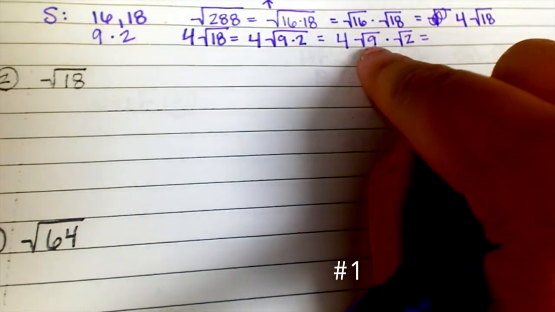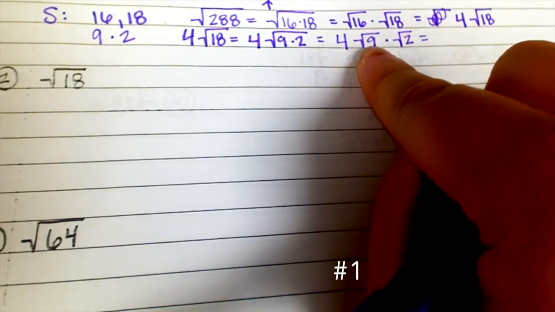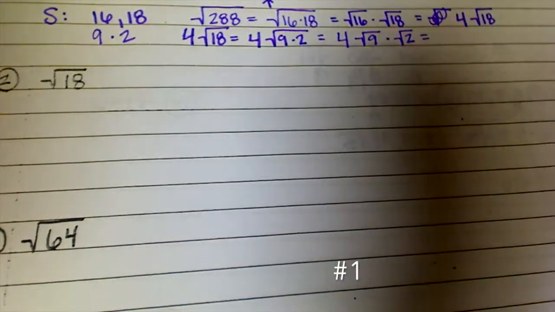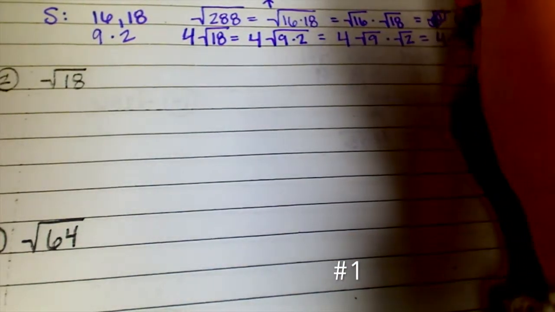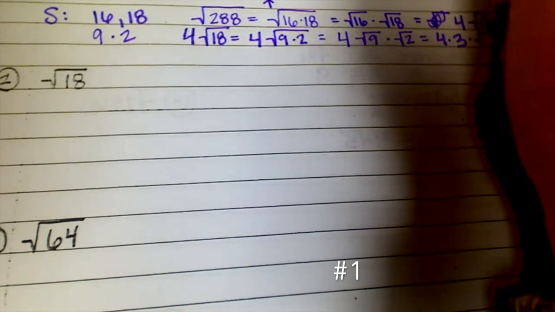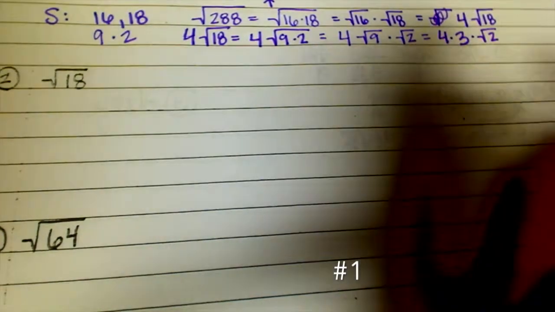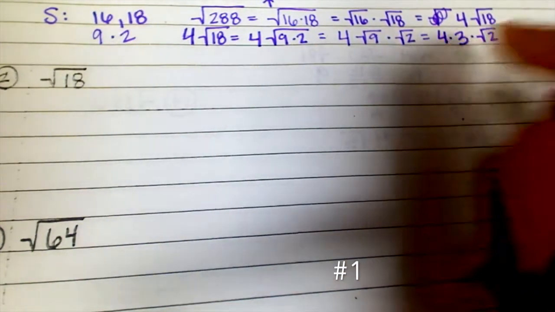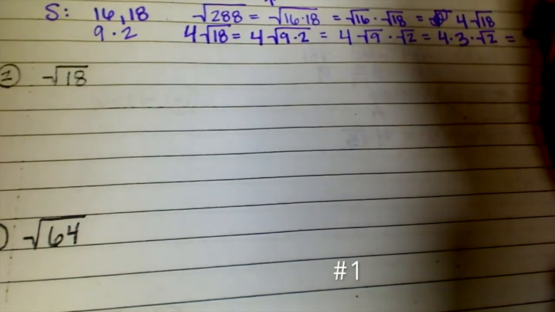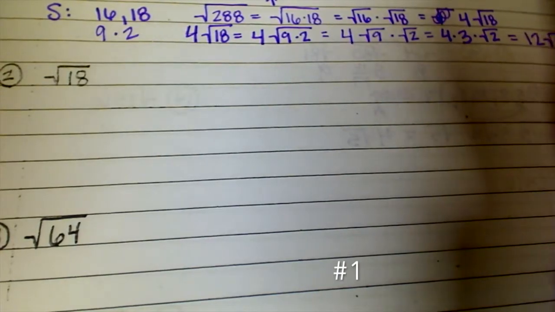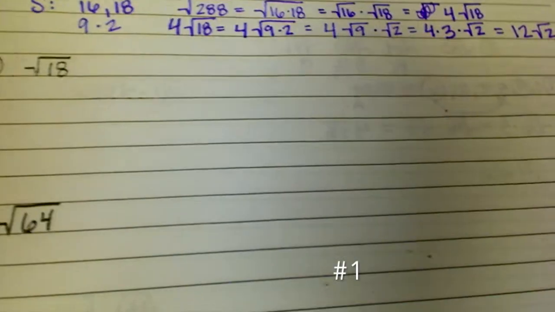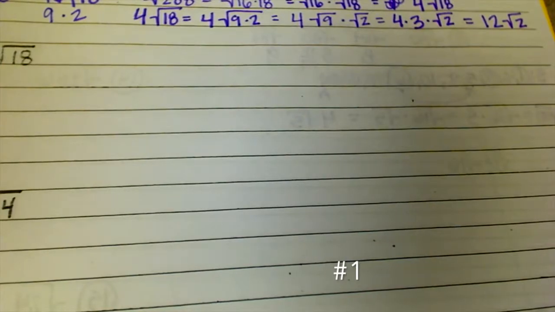What is the square root of 9? 3. So this is 4 times 3 times the square root of 2. So what's this 4 times 3? 12. So our answer is 12 square roots of 2. 12 times the square root of 2.